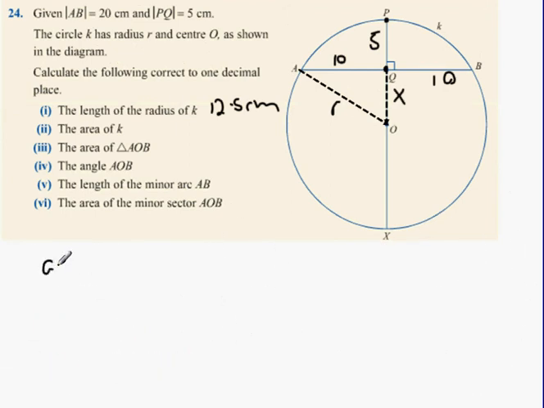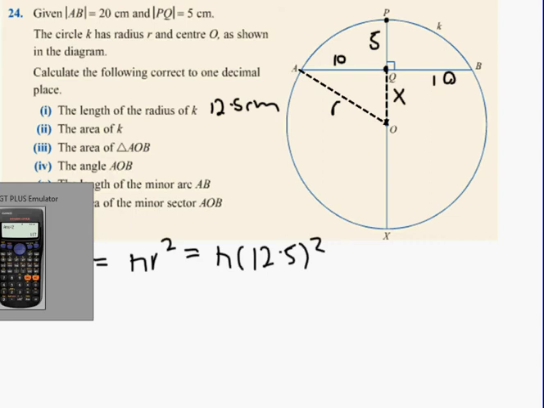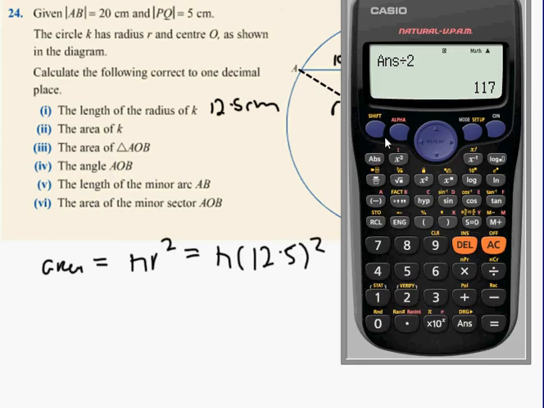So area equals pi r squared, which is pi times 12.5 squared. We get 625 over 4 pi, or otherwise known as 490.9.